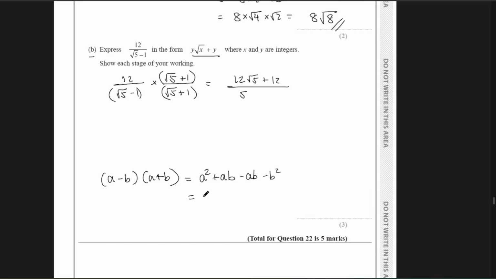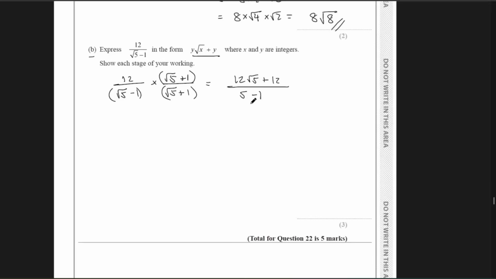And you can see the middle terms are cancelled, a squared minus b squared. Similarly, we don't need to think about the middle terms when we multiply these two. So root 5 times root 5 gives us 5. Minus 1 times 1 gives us minus 1. The middle terms will be cancelled.